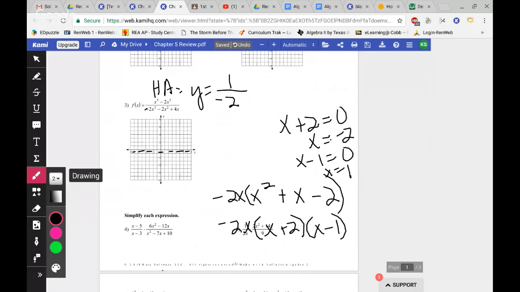And so my vertical asymptotes are x equals -2 and x equals 1. And so you would draw those in on your graph, and then sketch the rest of your graph.